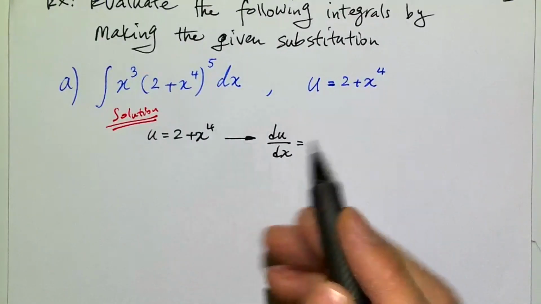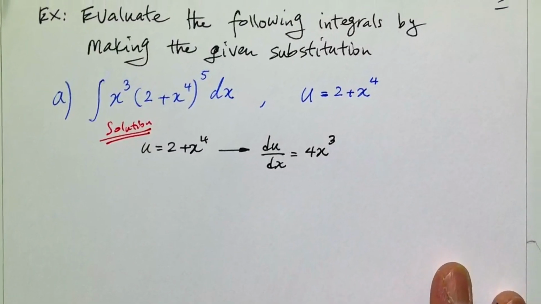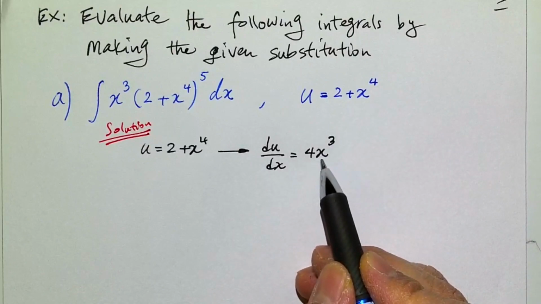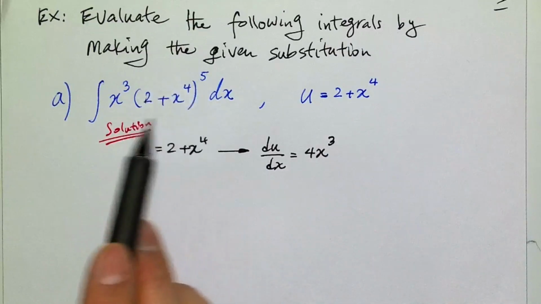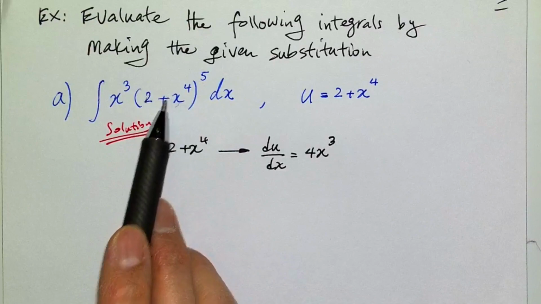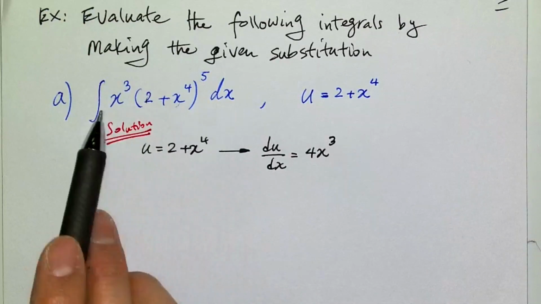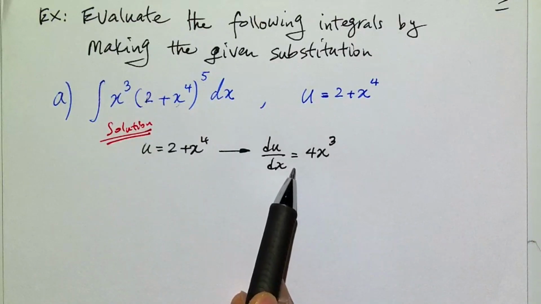Derivative of x to the 4th would be 4x cubed, right? As soon as I write this, notice the x cubed here. So the derivative of this piece inside the parentheses is equal to a piece of this, whatever is outside of the parentheses, namely x cubed.